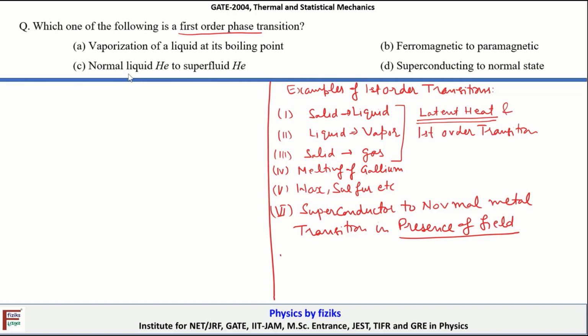And here is how we decide whether it's a first order or second order. Here G, the Gibbs free energy, is continuous, whereas its derivative with respect to T and its derivative with respect to P are discontinuous. Okay, so one is connected with the entropy and the other is connected with the volume basically.